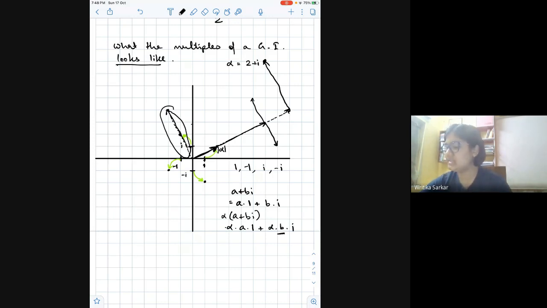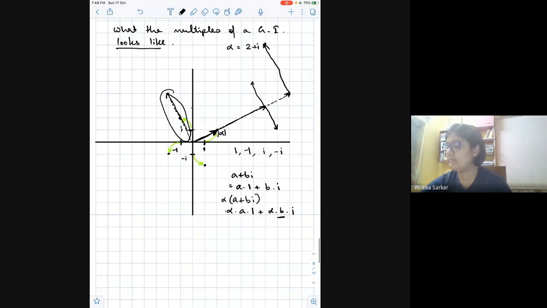So what you actually see is that the image of all the points after multiplication by alpha is going to be a lattice, but somewhat scaled and somewhat rotated.